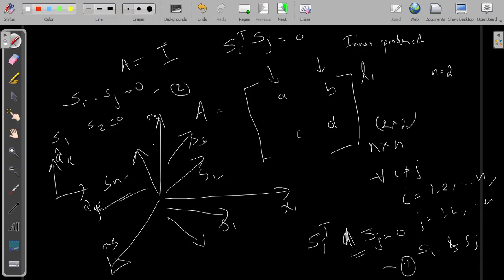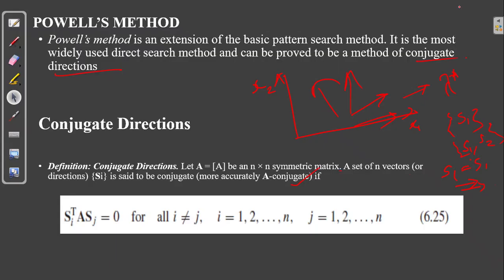The vectors C1 and C2 are linearly independent, and they also span the space of dimension n. That is the condition on this matrix A. This is the definition of conjugate direction.